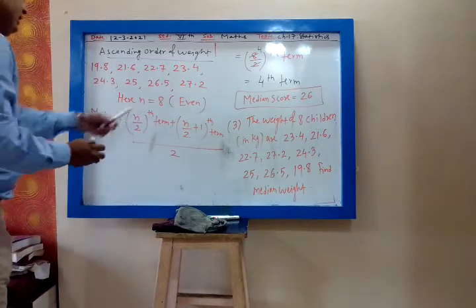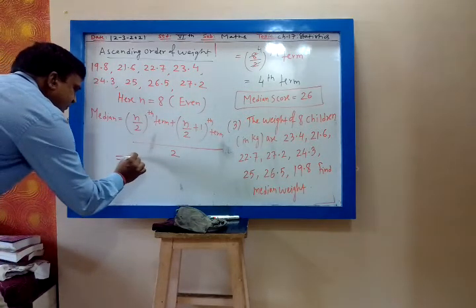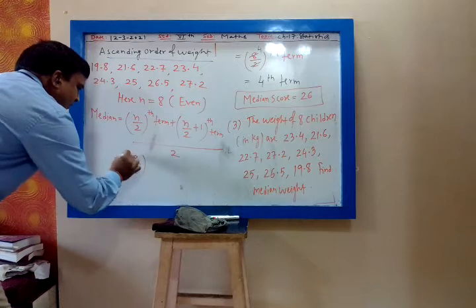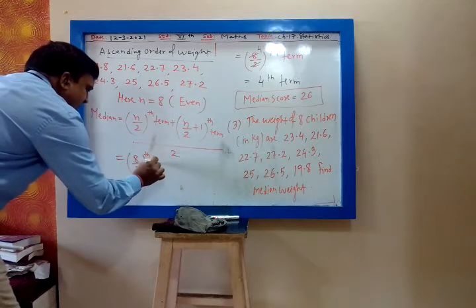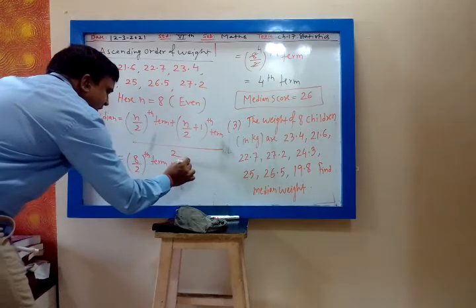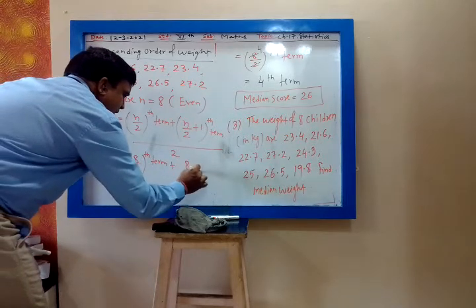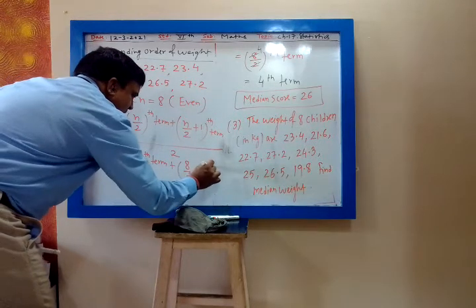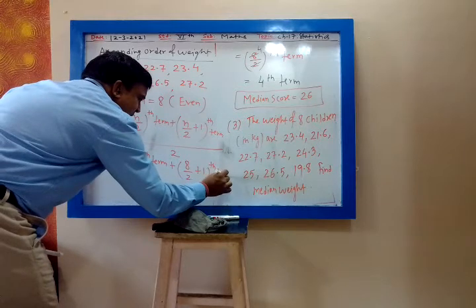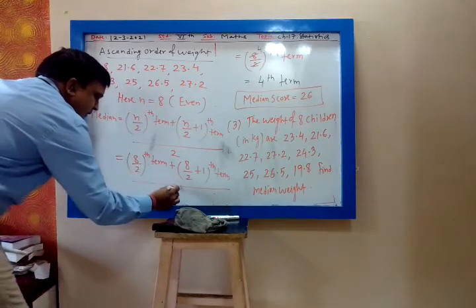So n is 8. That is 8 by 2th term plus 8 by 2 plus 1th term, whole divided by 2.